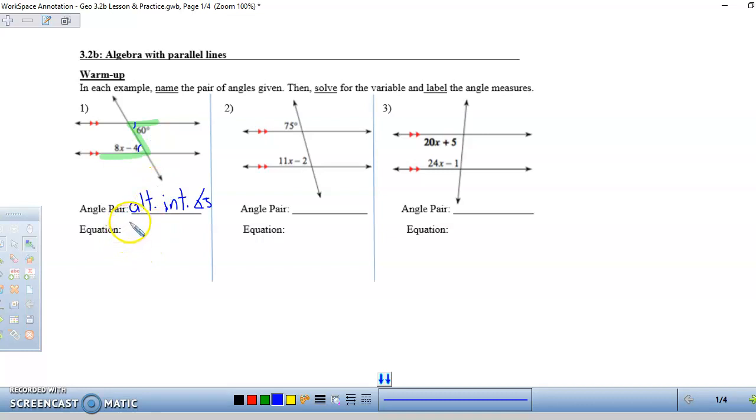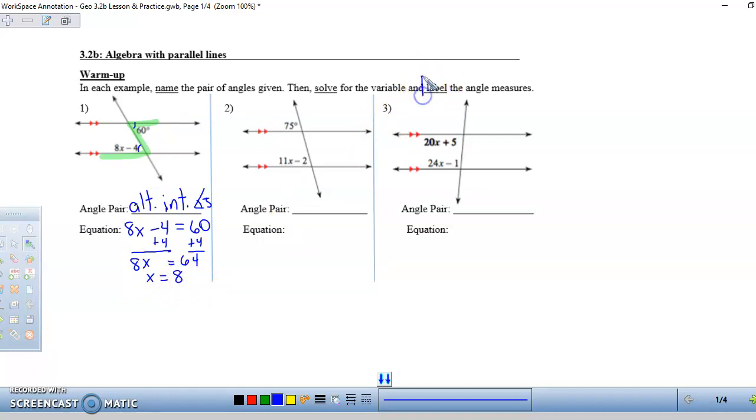So the equation we can set up here is 8x minus 4 equals 60. Once we have that, we can add 4 to both sides, and we get 8x is equal to 64. Then divide by 8, and there we get x equals 8.